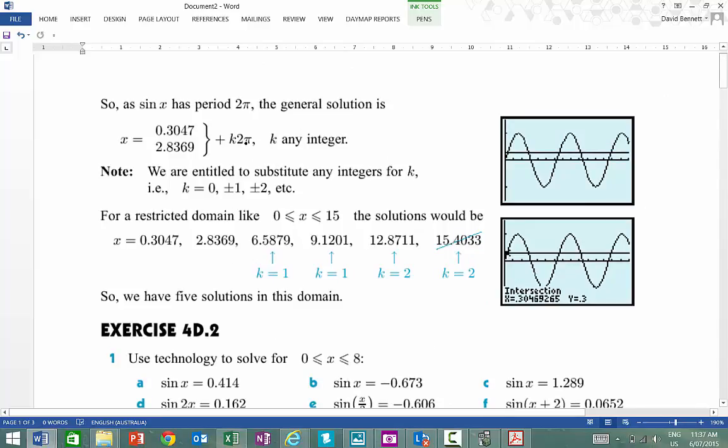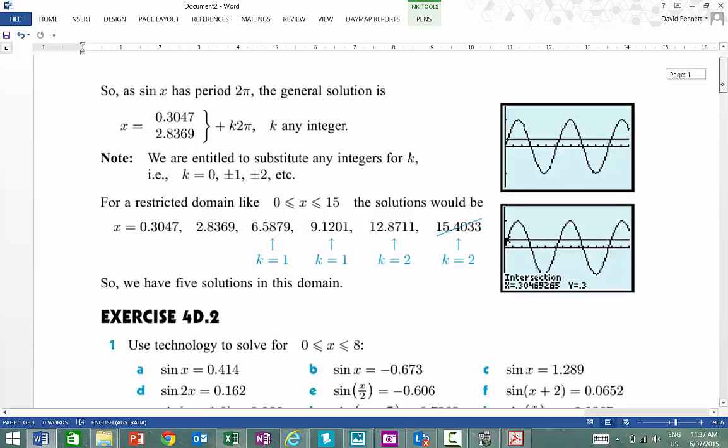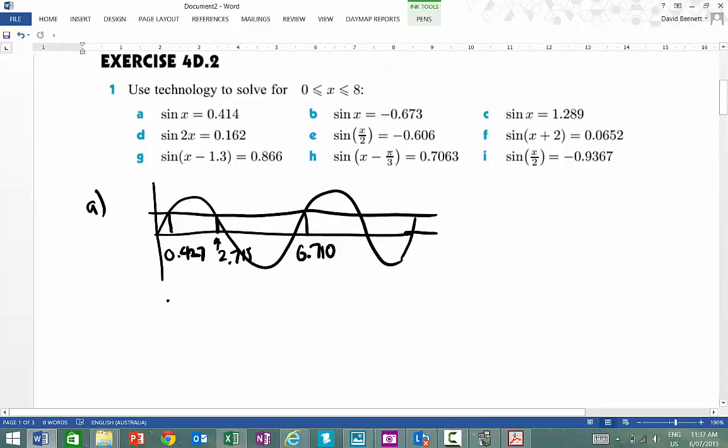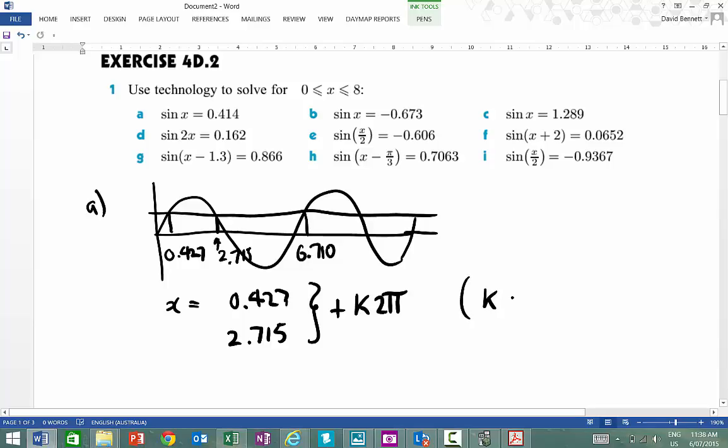Now we know 2 pi is 6.28, so my x values are going to be equal to 0.427, and 2.715, plus k 2 pi, which I am thinking is really like adding k lots of 6.28, isn't it?